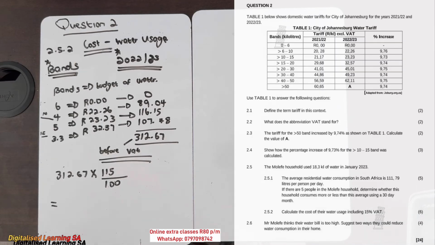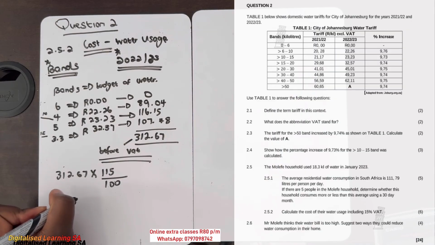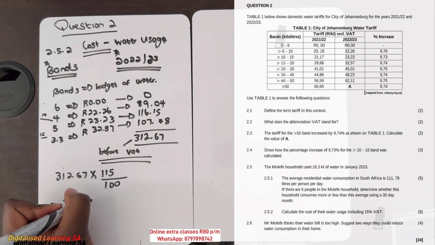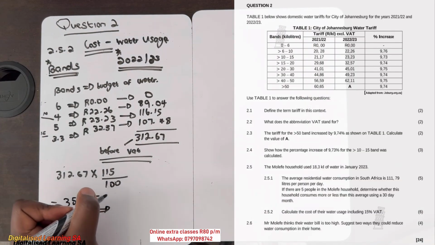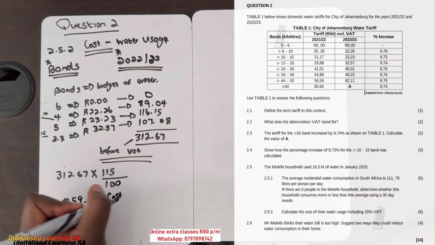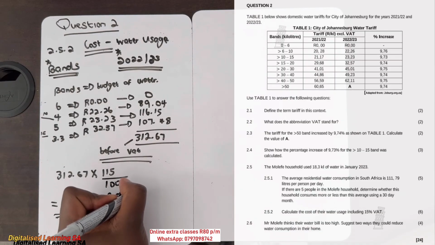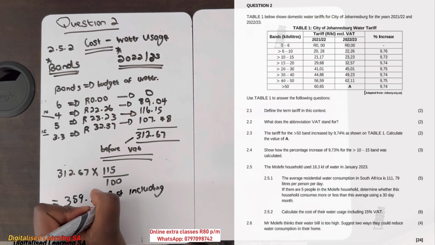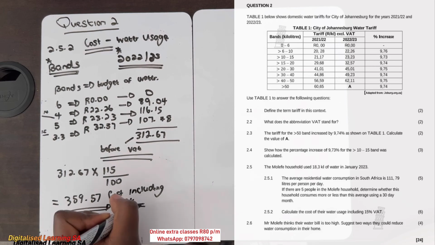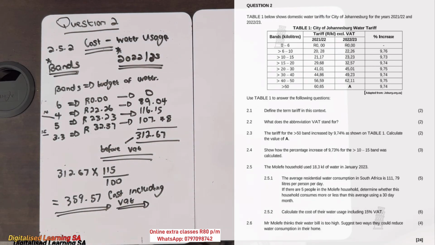And our cost is 359.57. This is our cost including VAT of 15%.